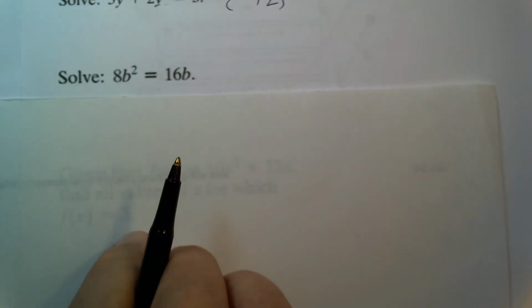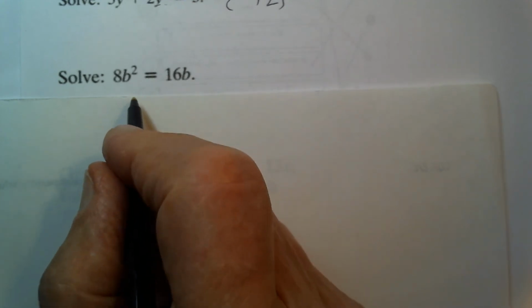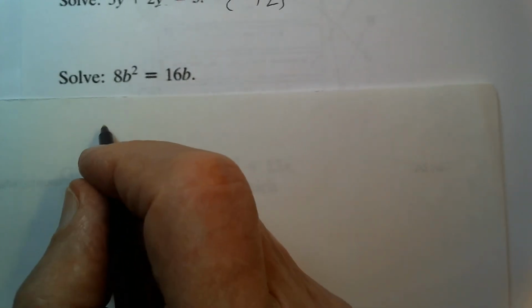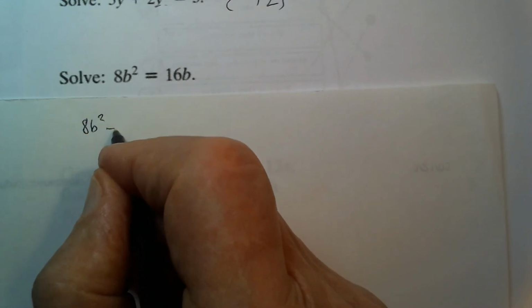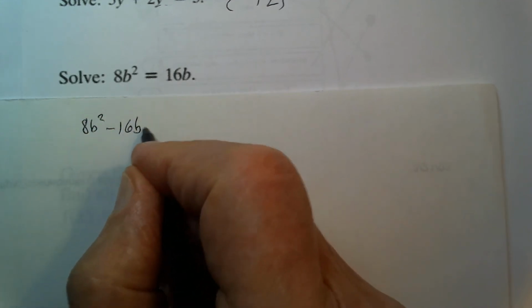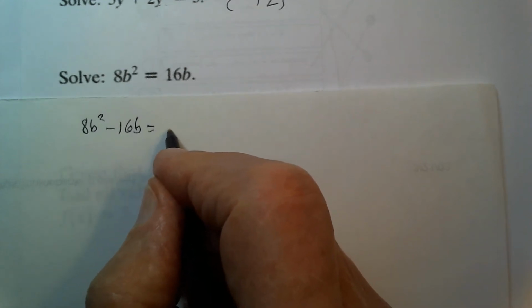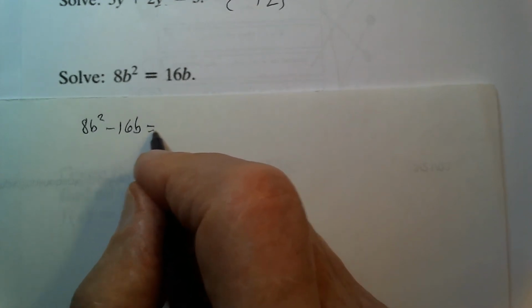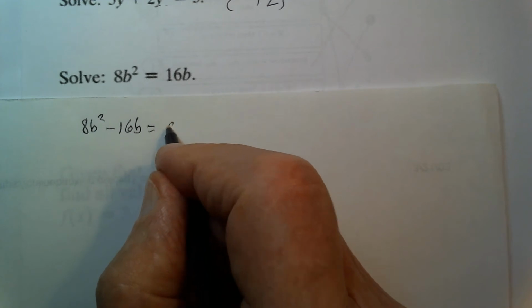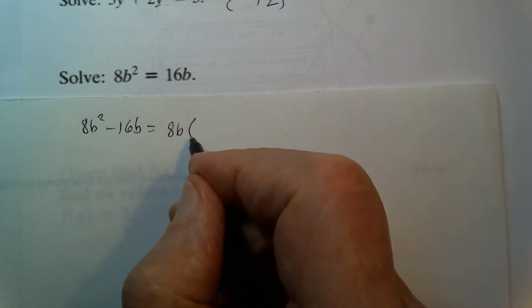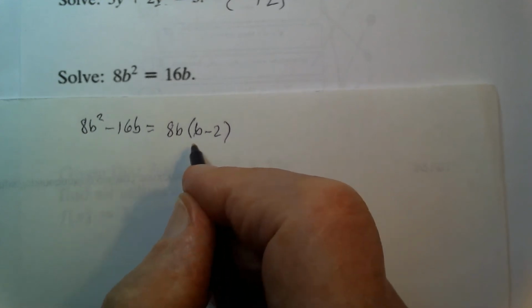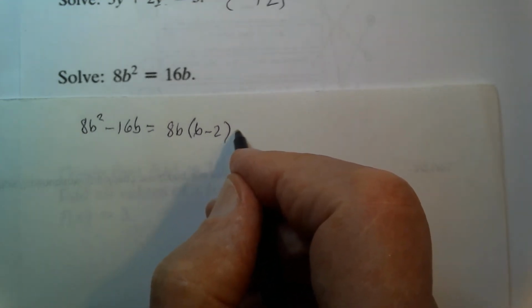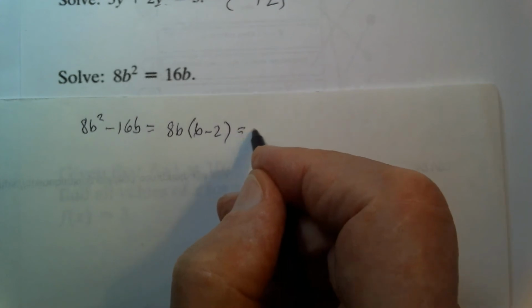For the next exercise, 8b squared equals 16b. Let's rewrite this as 8b squared minus 16b and factor out the greatest common factor, which would be 8b. So 8b times b minus 2 is equal to 0.